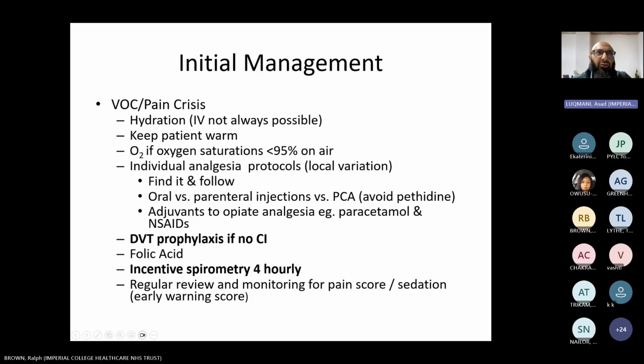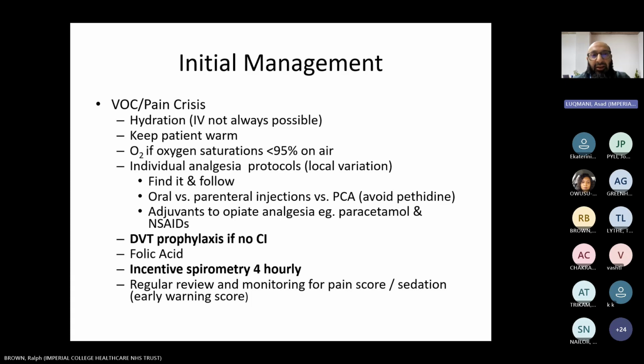So in terms of the initial management, the patient should be, as we mentioned, thoroughly assessed, and their pain should be fully characterized. So all the questions that we're taught to ask about pain, such as the site, the severity, and exacerbating and relieving factors.